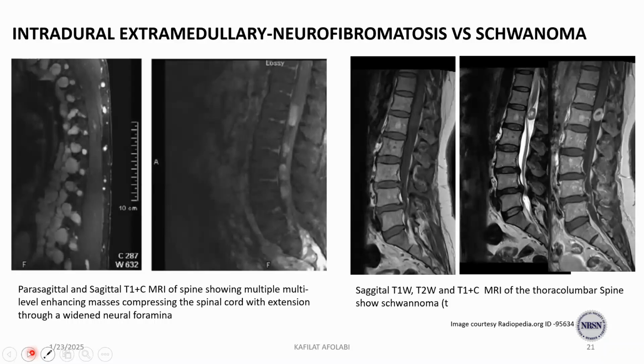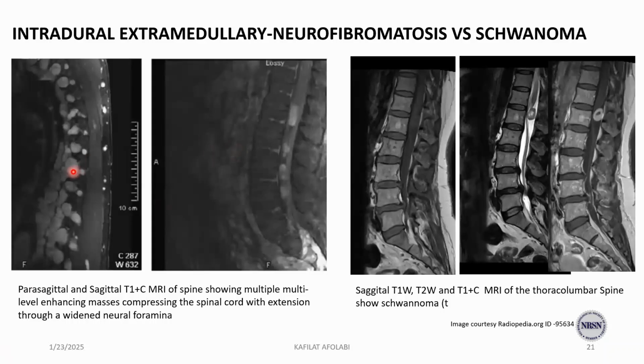So I move on to another set of differentials, which are the neurofibromas and schwannomas. The neurofibromas, schwannomas, and meningiomas are the top differentials of intradural extramedullary lesions. Whenever you pick the imaging signs of these lesions, you must try to discriminate among the three.